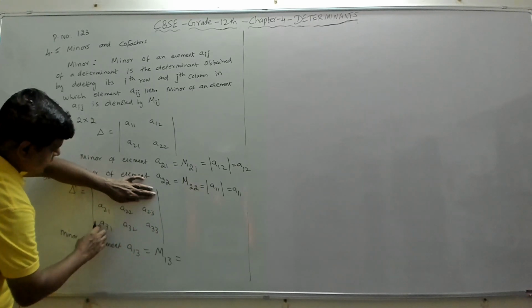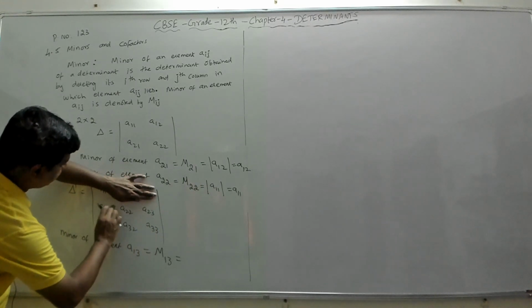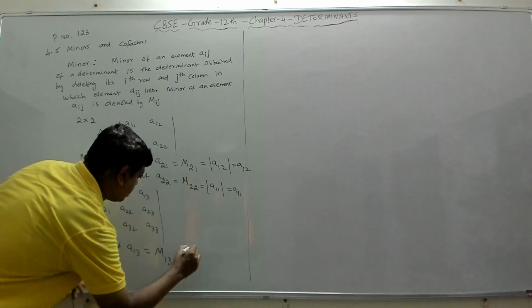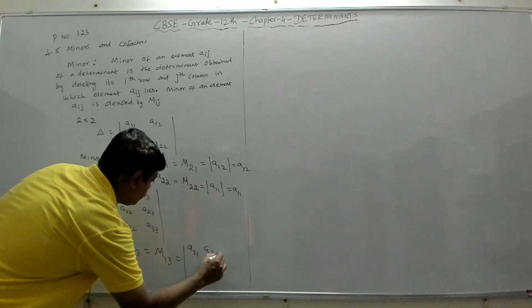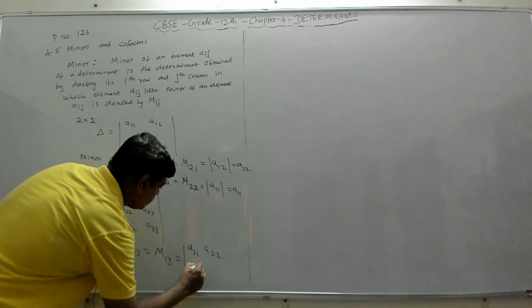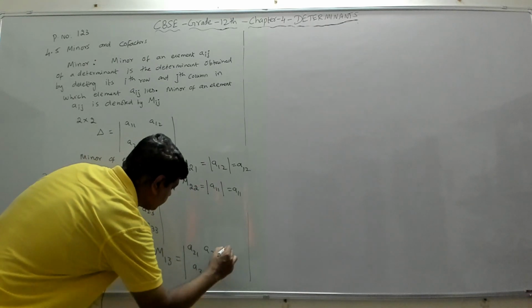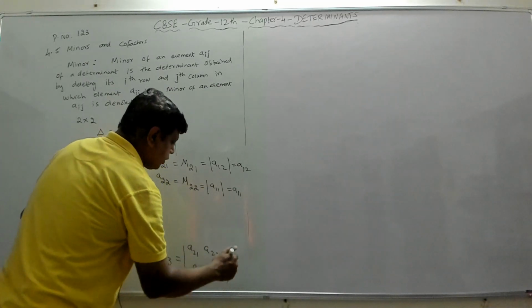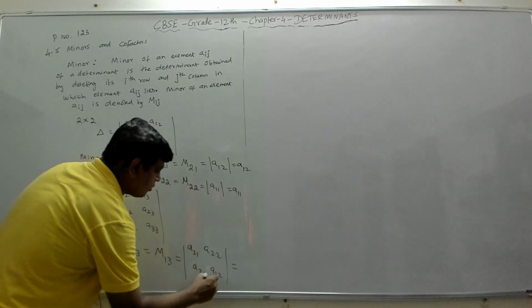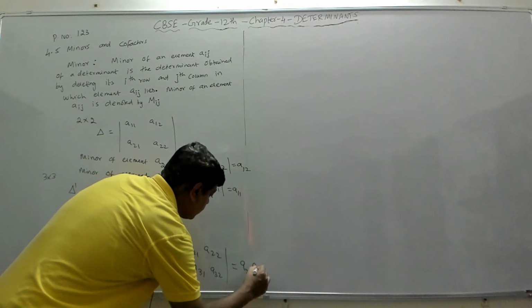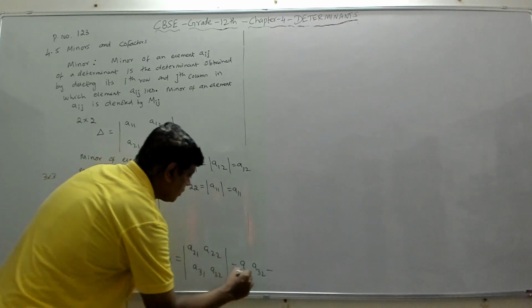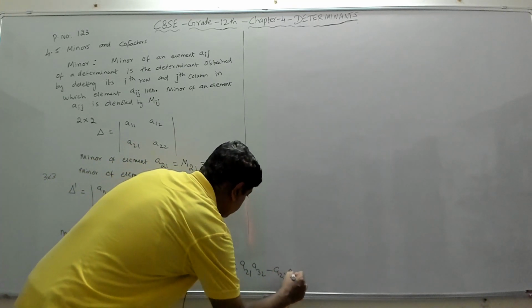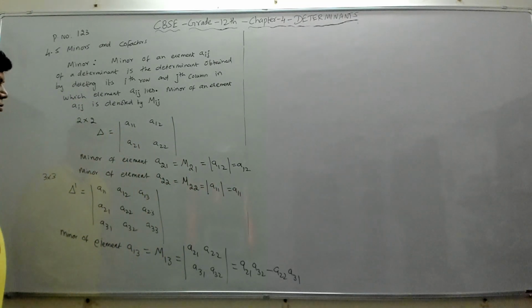You are left with these four elements. Put them in the determinant: A21, A22, A31, A32. Now expand this: this into this minus this into this, so A21 into A32 minus A22 into A31.